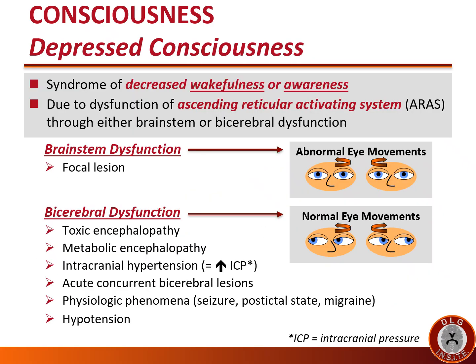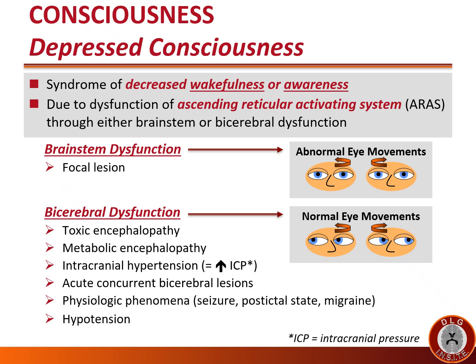Depressed consciousness is a syndrome of decreased wakefulness or awareness due to dysfunction of the ascending reticular activating system, or ARAS, through either direct brainstem dysfunction or maybe indirectly through bicerebral dysfunction. Brainstem dysfunction affecting consciousness is almost always due to a focal lesion and results in abnormal eye movements.